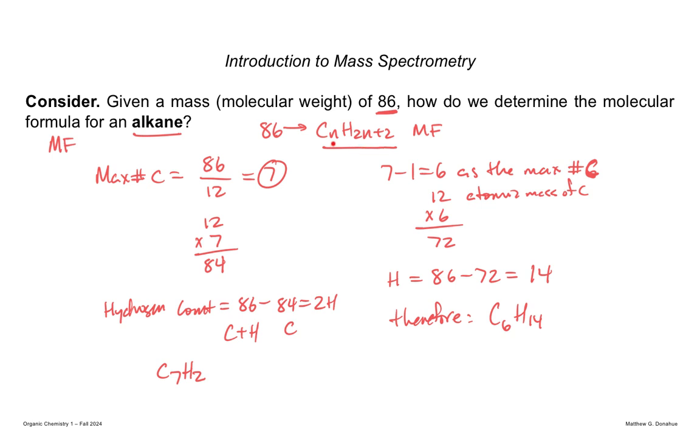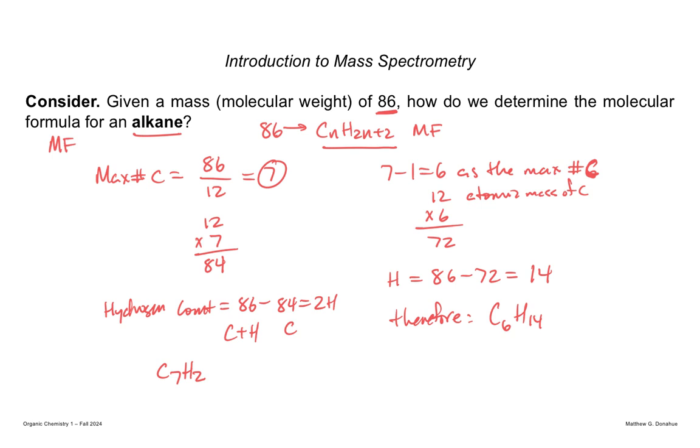So if this was 5, the maximum number of hydrogens would be 12. But if you went through this math and you put 5 in, 5 times 12, you'd get 60. So 86 minus 60, that would give you 26 hydrogens. And so now you've bracketed the correct answer. So it has to be that molecular formula.